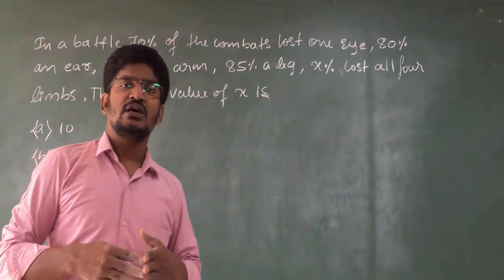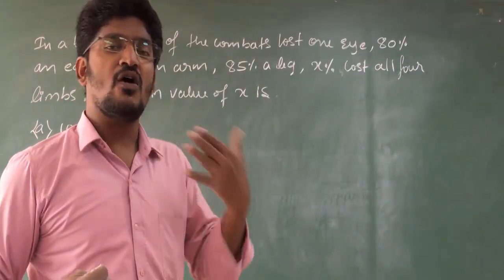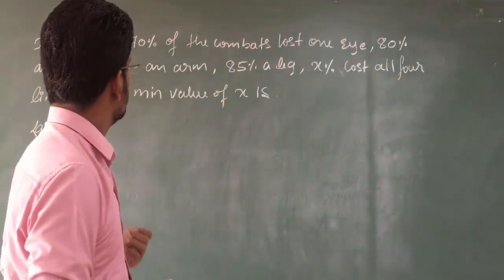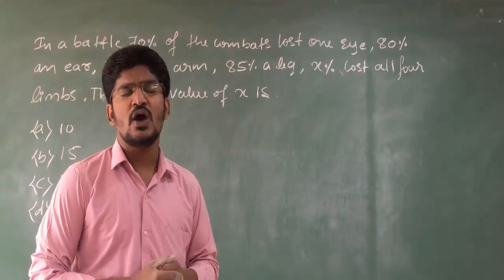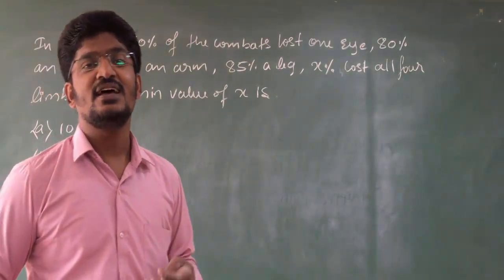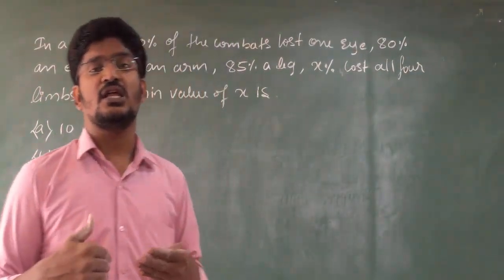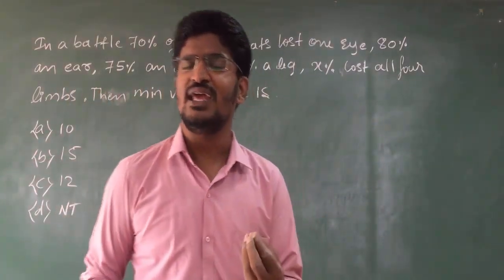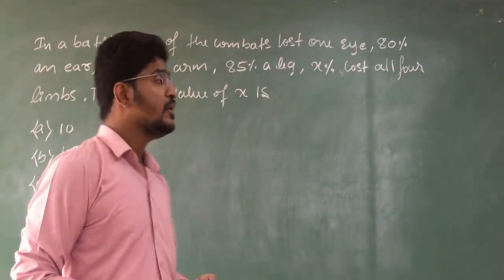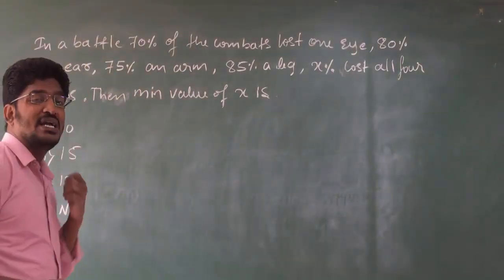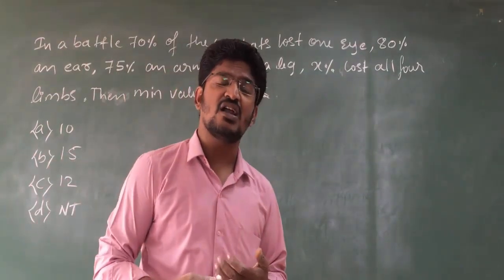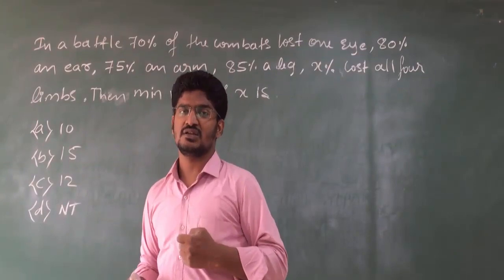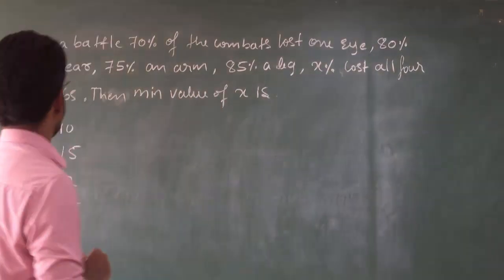Behind the screen there will be something, on the screen there is something else. On the screen it is very simple, but behind the screen it is very tricky. If you understand the things occurring behind the screen, then definitely you are going to get the answer.